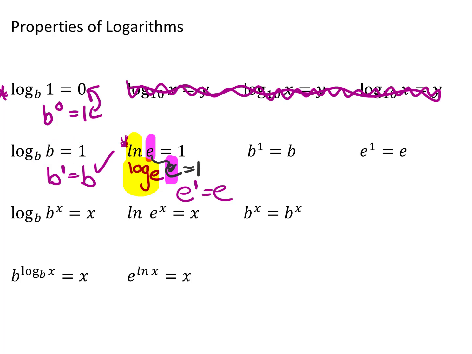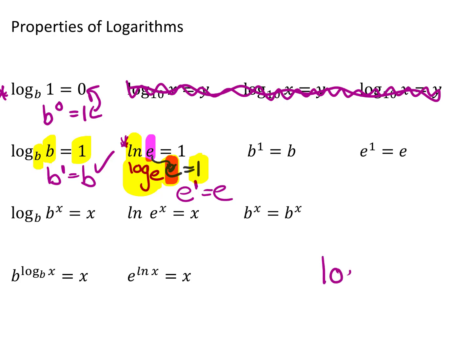What I want you to notice here is that anytime you have the same value right next to each other in a logarithm, they always simplify to be 1. So we have an e and another e, it's equal to 1. We have a b and another b, it's equal to 1.